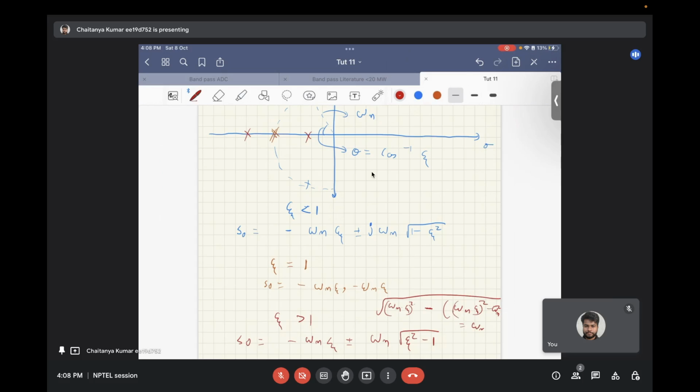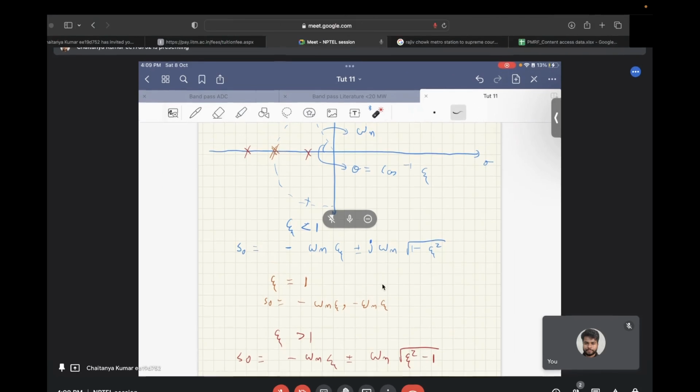So this comes out to be omega n. So when the poles are real, their geometric mean is equal to omega n. So these are all things you should keep in mind while dealing with second order systems.